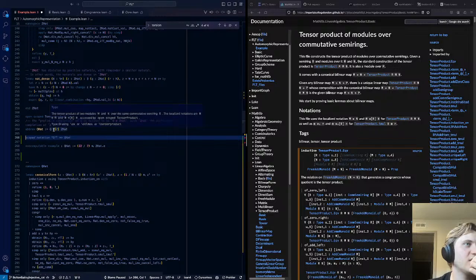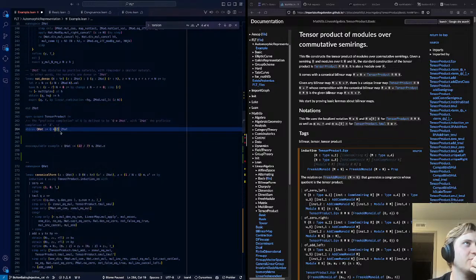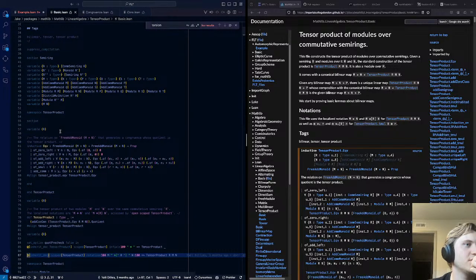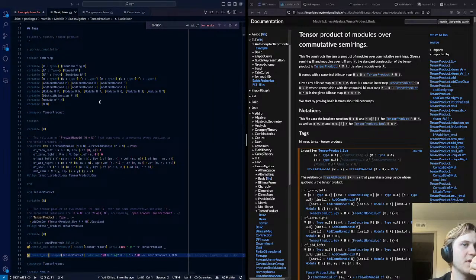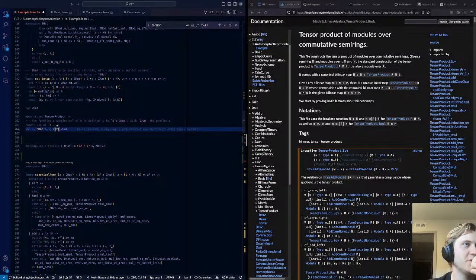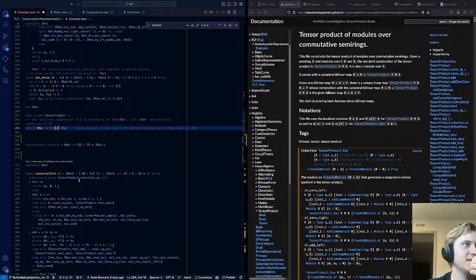If I remove the notation, tensor product RMN is the name. So it's tensor product Z, I believe, let me get the order right, M R N, so it's tensor product Z M N. So Q hat is tensor product Z Q Z hat.